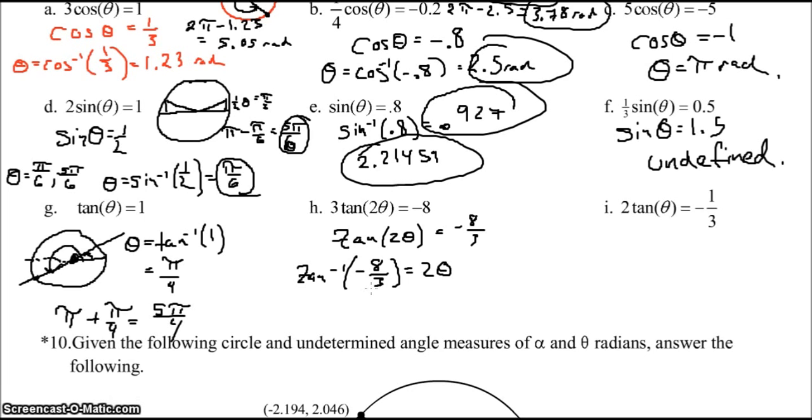Inverse tangent of -8/3. And then if I divide that by 2, I'll find theta equal to -0.606. And then we can just, what can we do here? Let's see. What does that even mean?